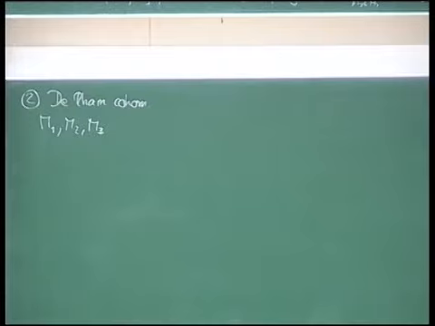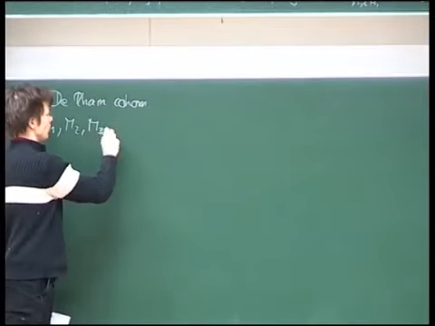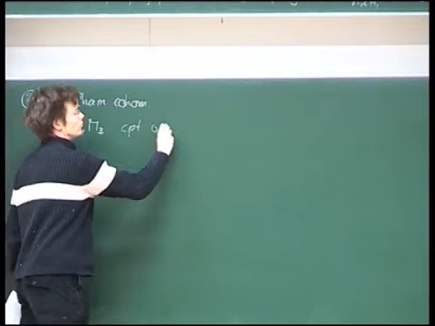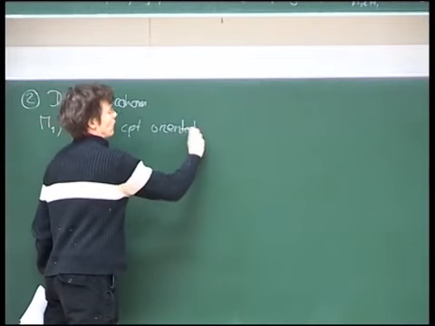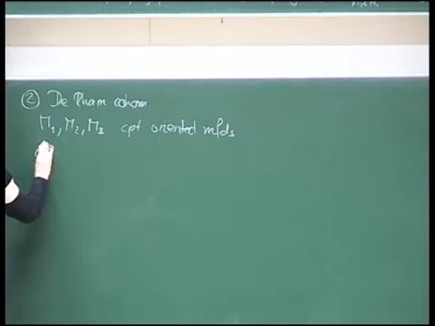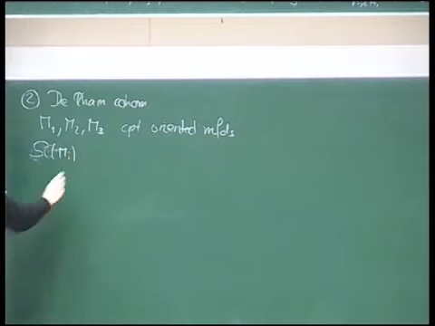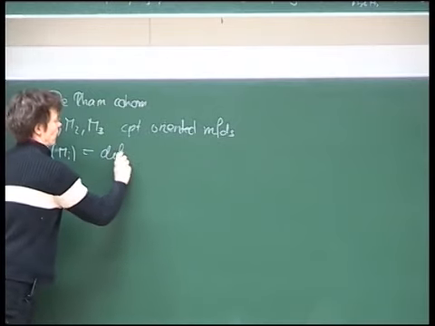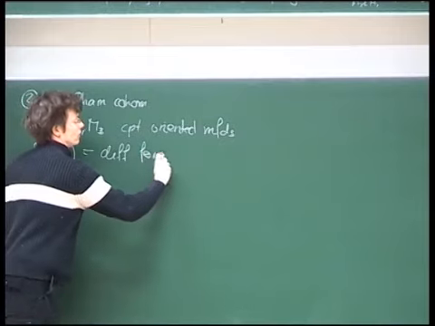It's different: I take M1, M2, M3 now compact oriented manifolds, and I look at Omega(Mi), differential forms on Mi.